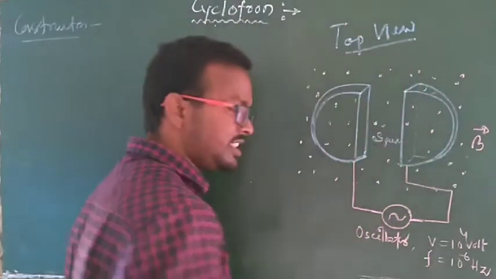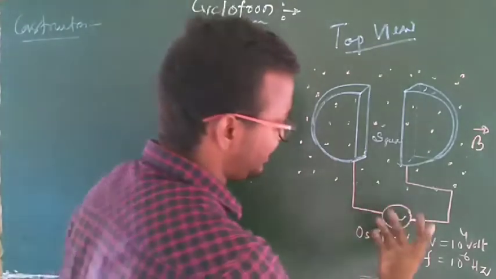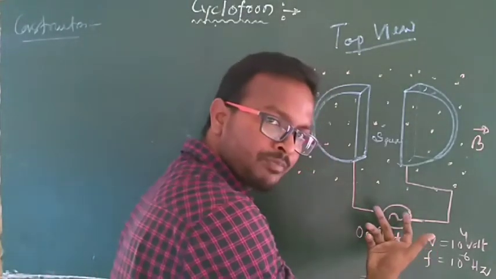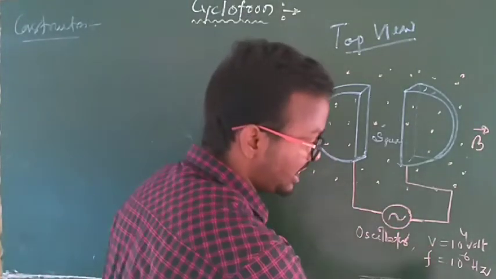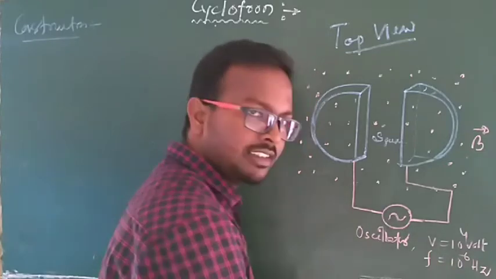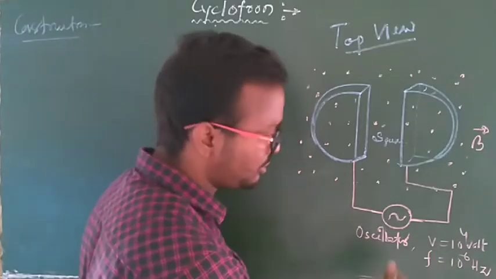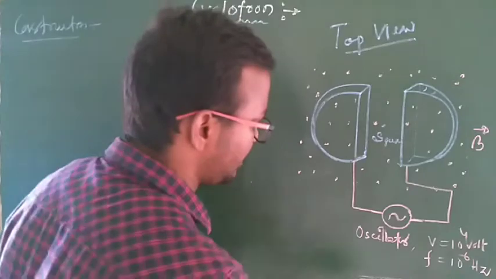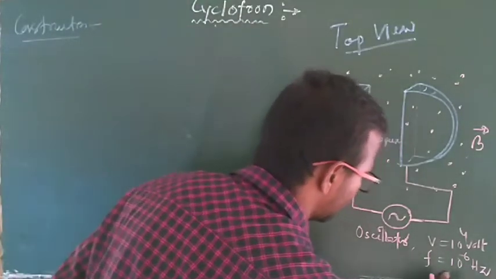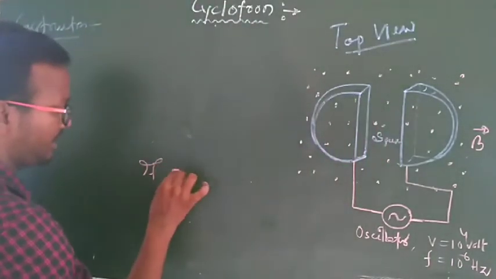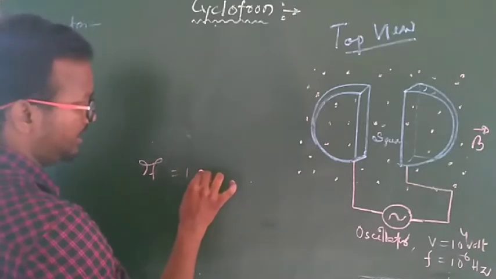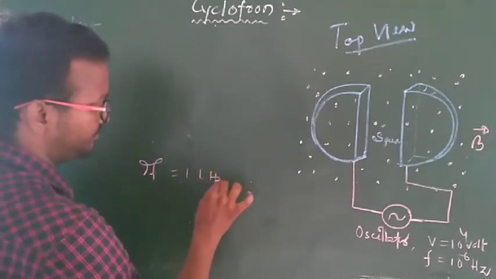What is frequency? Frequency means how often it changes its polarity. Suppose the frequency is 1 lakh hertz, f equals 1 lakh hertz.